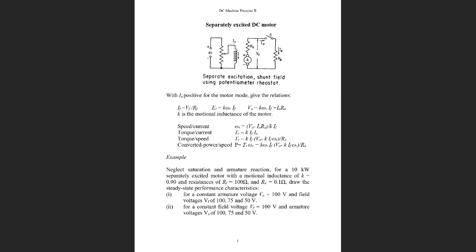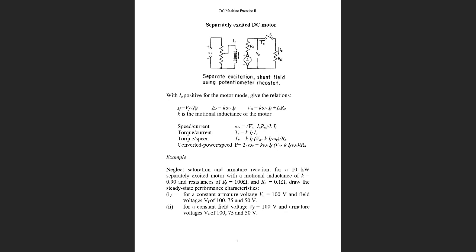On the right side is the motor's armature, including the loading. RL here represents the mechanical loading, which in an electric circuit can also be represented by a resistor.